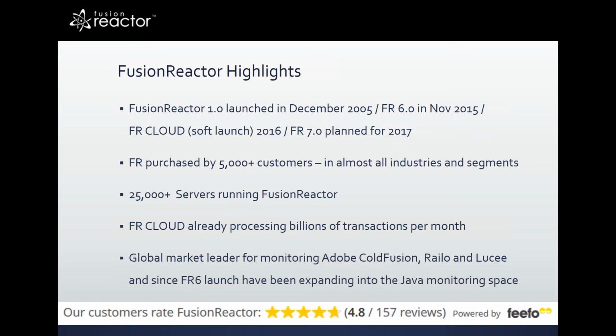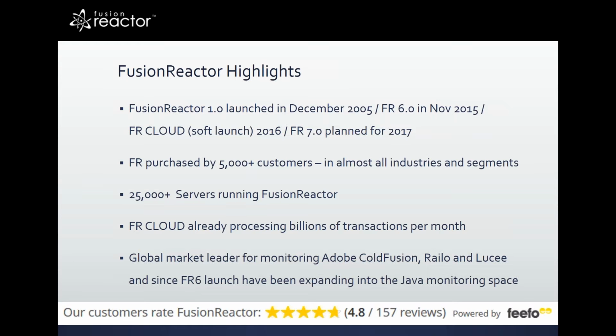Right now, there's not too many customers who've moved over to the cloud because, like I said, we really did a soft launch rather than a big bang launch. We wanted to get into it steadily, and like I said, we're actually processing billions of transactions per month.